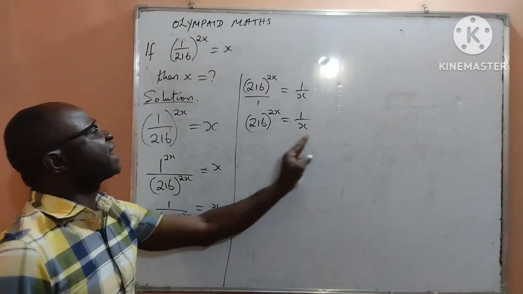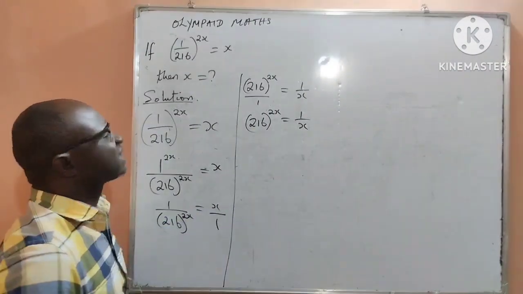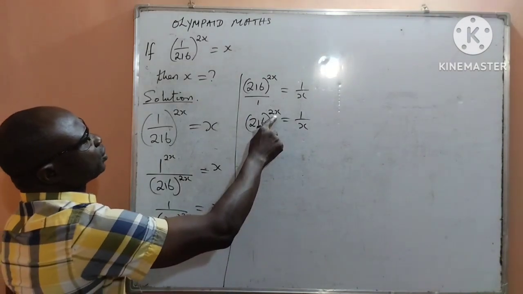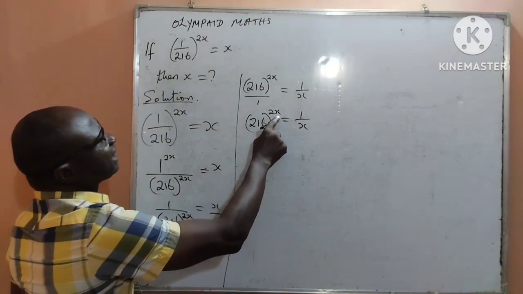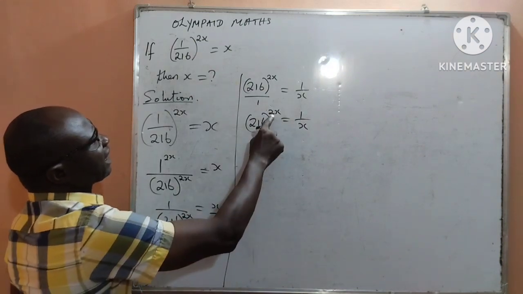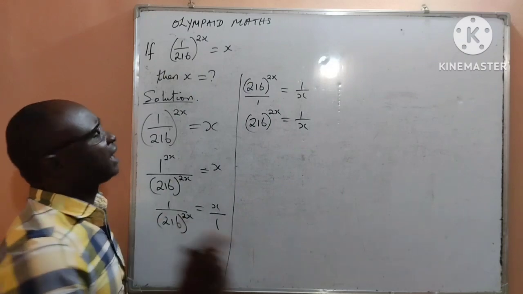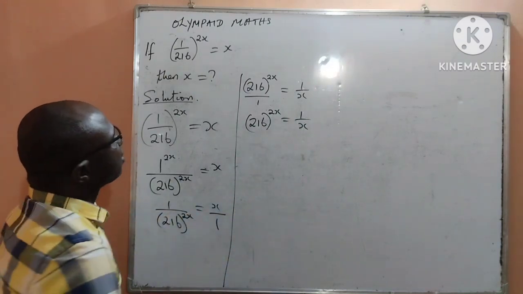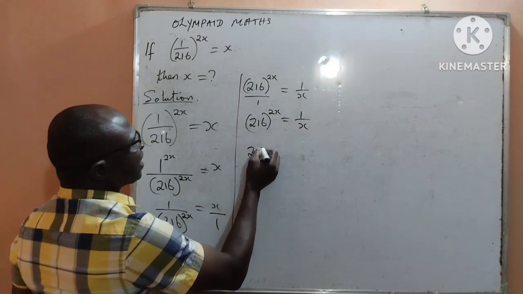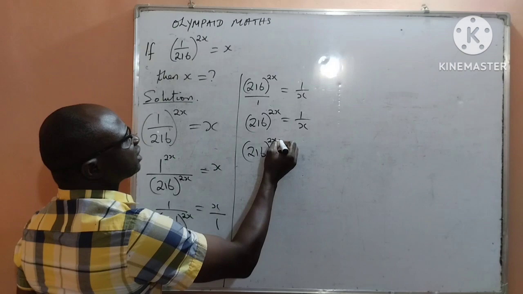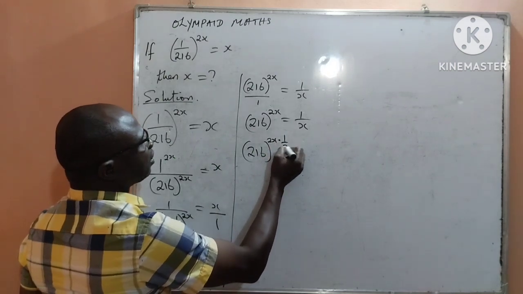Now what I want to do next is to remove this x from the left hand side so that I'll have x only on the right hand side. To remove this x, I will multiply the exponent by 1 over x. That is the only way I can remove this x. And if that is done to the left, I will also do it to the right hand side. So I write 216^(2x) raised to 1 over x, equal to (1/x) raised to the power 1 over x.